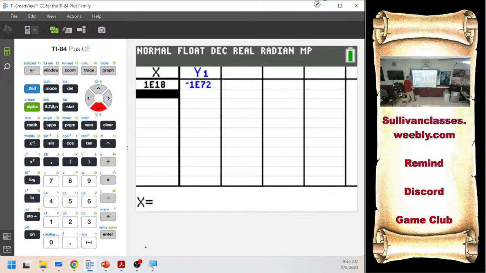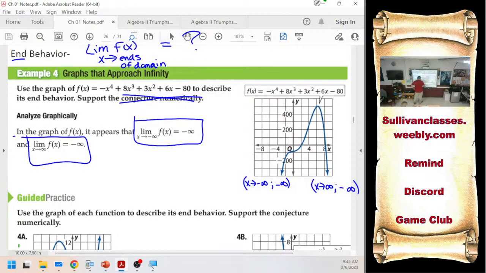If I go all the way back to negative infinity, it also goes down to negative infinity, right? I don't need to do something super precise. I just need to say way out there. Okay? That's how you find end behavior.